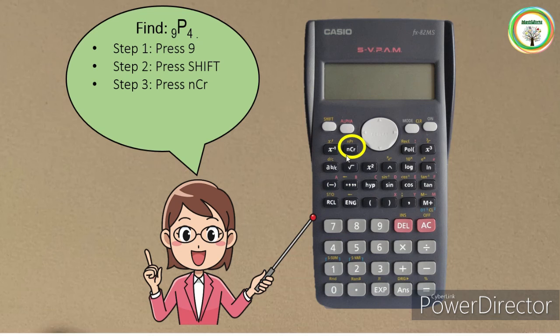So it is no longer for combination, that is for permutation now. Because, again, you press the shift key first before pressing this key. Next, step 4, press 4. Then, for step 5, press equals to get the answer for permutation of 9 taken 4. So, in our calculator, permutation of 9 taken 4 is equal to 3,024.